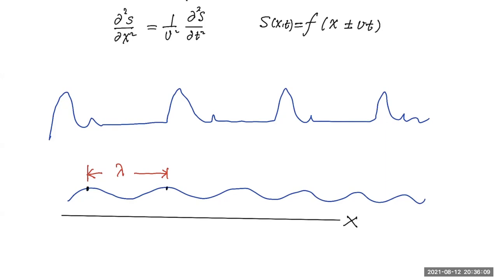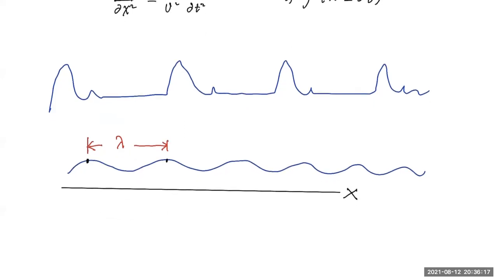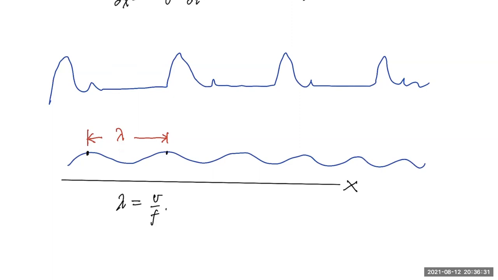The distance is called a wavelength. And if the frequency is f, then we know that lambda equals v over f. It's the same situation we saw from the previous chapter. Now let's focus on sinusoidal sound waves and look at some features of that.